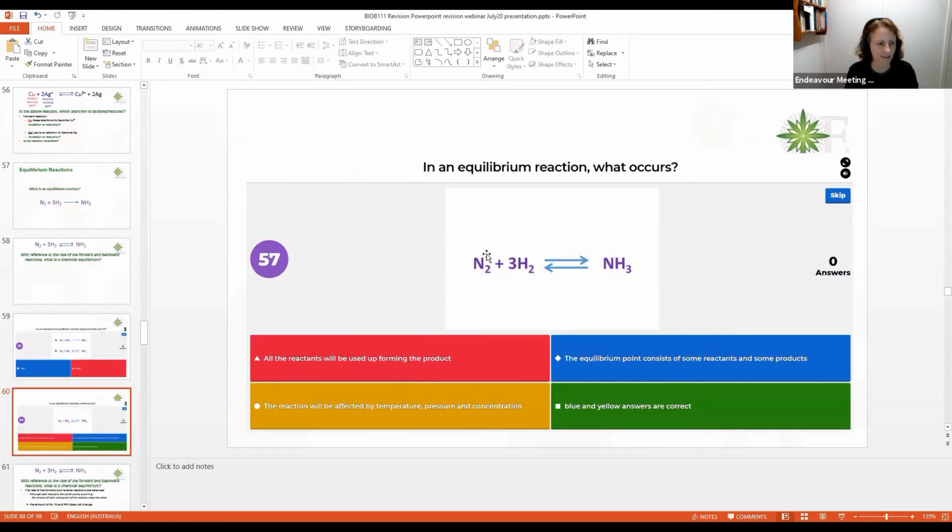And what was the answer that some people got? Someone said blue. Okay, so the equilibrium point consists of some reactants and some products. So yes, that's correct as well. But the yellow answer is also correct because the equilibrium point in the reaction is going to be affected by temperature, pressure, and concentration. And we'll talk about that later in case anyone has some more questions on that.